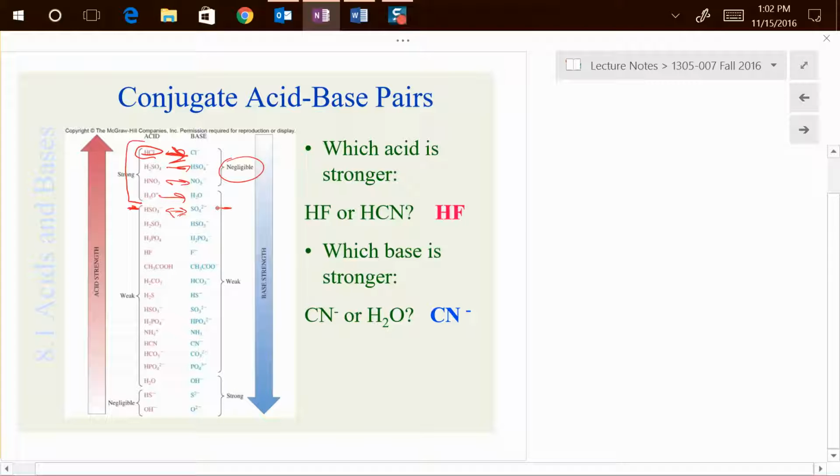Look at its conjugate. What is the base strength of SO4 2 minus? It's the weakest base of the weak bases, right? This is so weak that this is almost a strong acid. So this pushes back, but very weakly. It's a very weak base going backwards. So it hardly even exists. Okay?